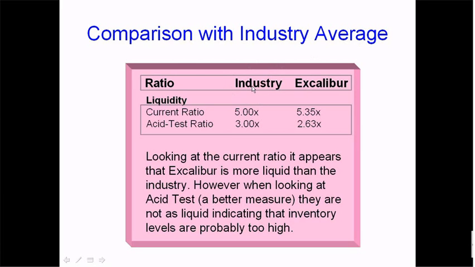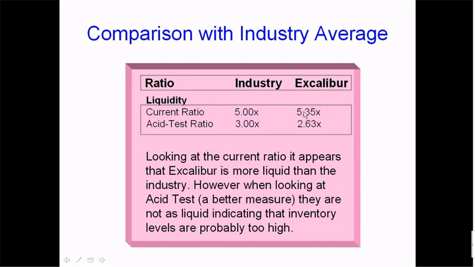Industry average means all the companies in the same industry as Excalibur, we take their average ratio, okay, their results on average. So by comparing the results here, we can see that for current ratio, industry average is 5 times, while for Excalibur is 5.35 times.